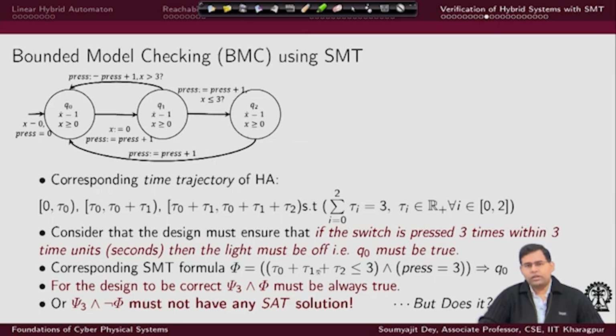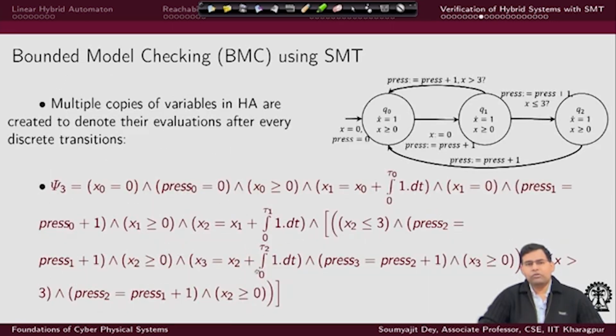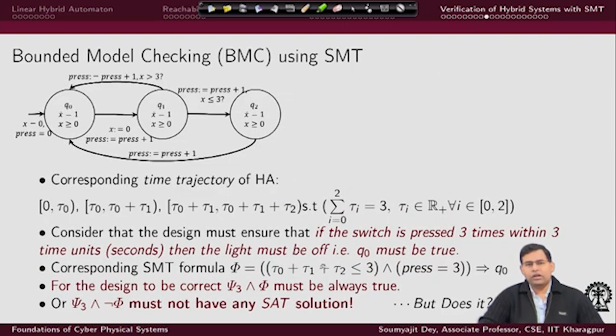So then the question is whether this formula and this formula together are always true for suitable assignment of values to x0, x1 and the rest. Sorry, I am not looking for satisfiability here, I want the design to be correct, that means I am looking for validity.